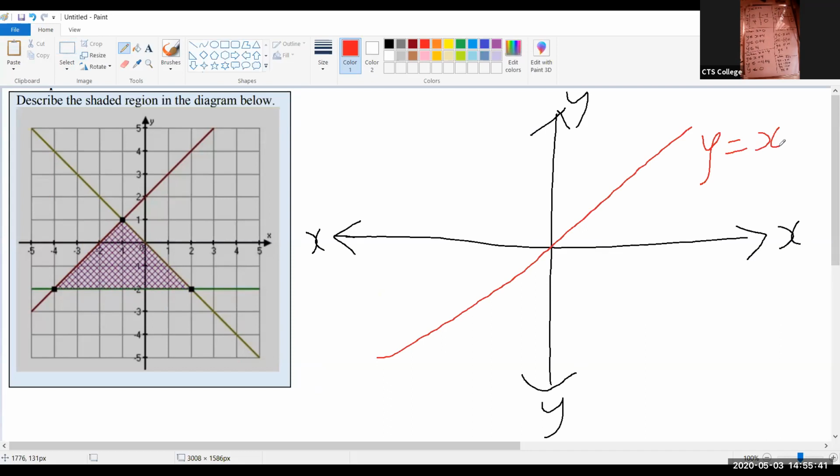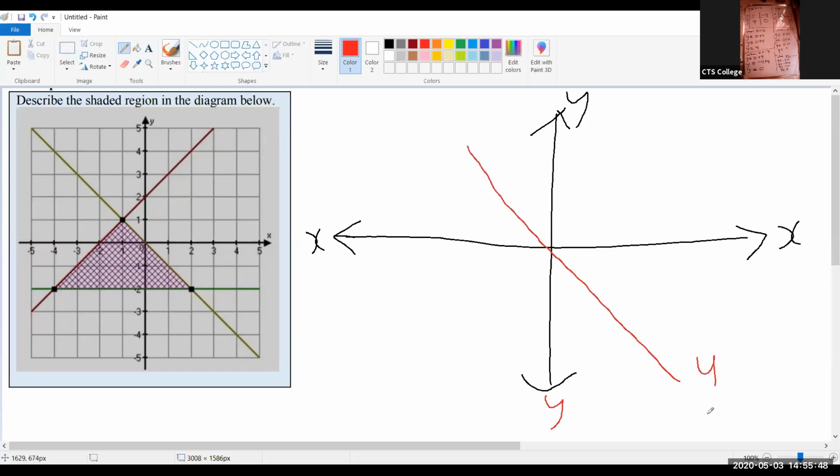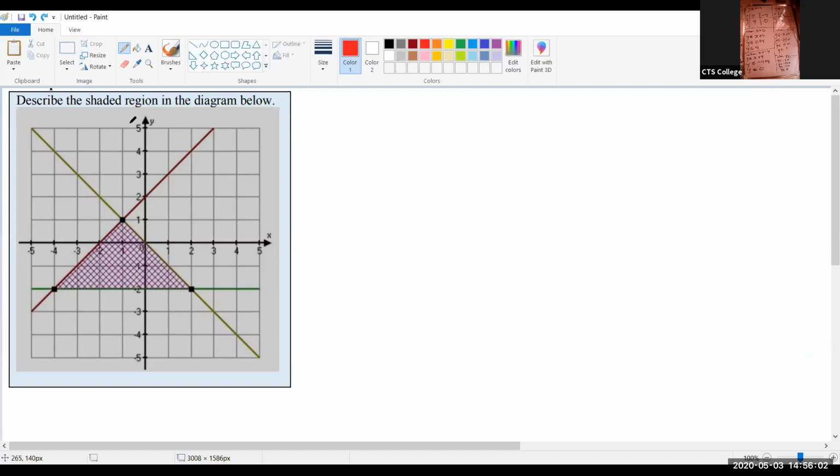If, however, it is going in this direction, it is y is equal to negative x. But it has to pass through the origin here. Yeah? So that's how I know this particular line here is y is equal to negative x. Understood? Yes. That's why you're following?